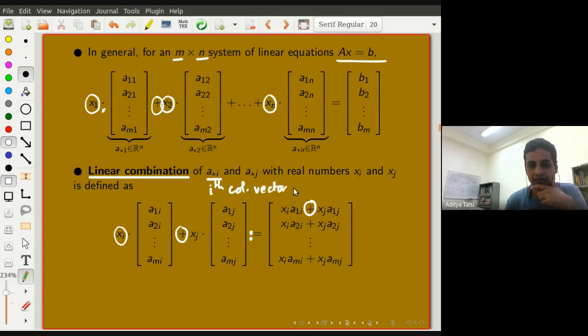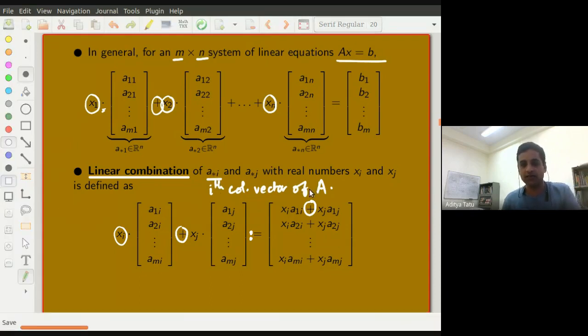Okay, so the row index can be anything. It's a variable, but the column index is fixed to I. Therefore, A star I denotes the ith column vector of the matrix A. Okay, is the notation clear?